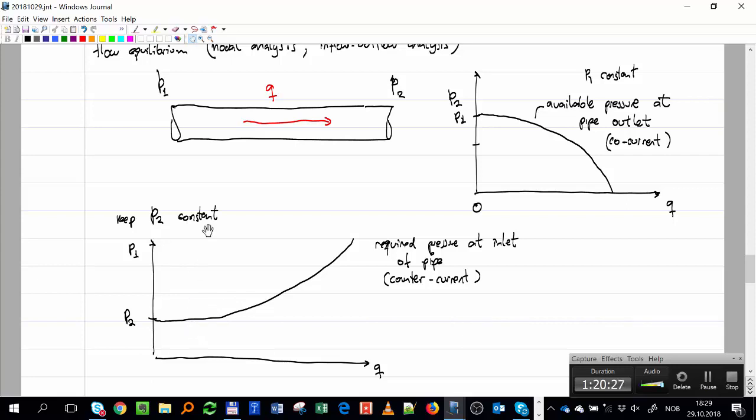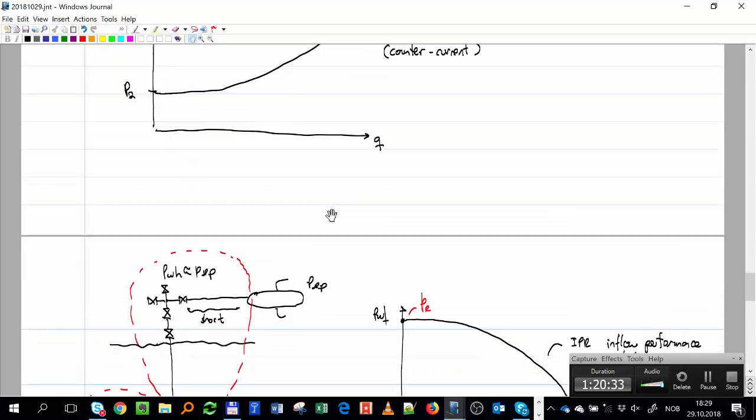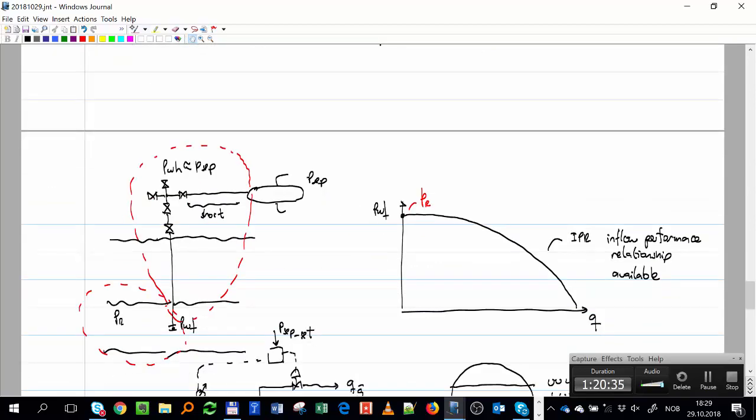This one, right? Because I have a constant pressure at the discharge of the pipe, and I want to calculate the pressure at the inlet of the pipe. So how is the PWF going to look when I calculate it from system 1? Let's call this one 1 and this one 2. It's going to look something like this.